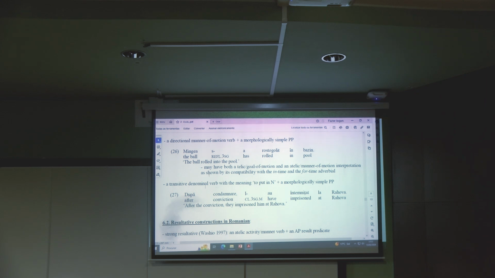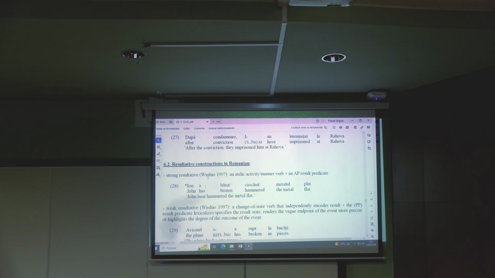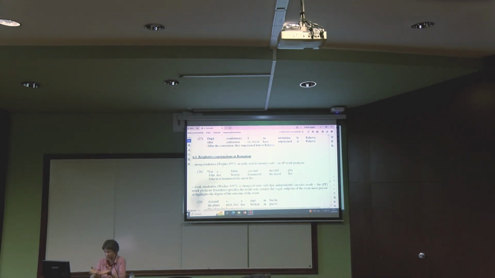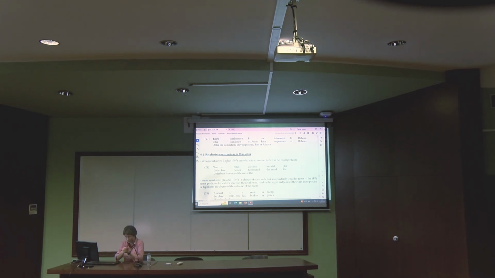Now, as far as resultative constructions are concerned, in Romanian and in Romance languages, we do not have strong or true resultative constructions, where an atelic activity or manner verb combines with an AP result predicate, such as hammer the metal flat. I've been testing this example in 28 for some years. It's very weird. It's ungrammatical. It doesn't work.